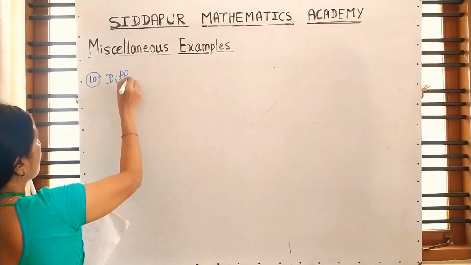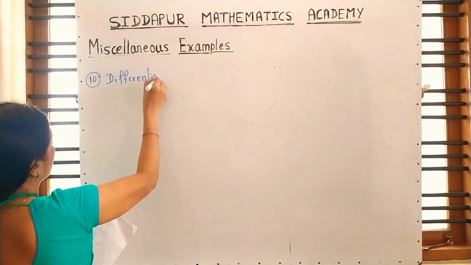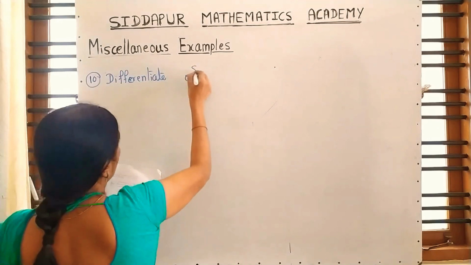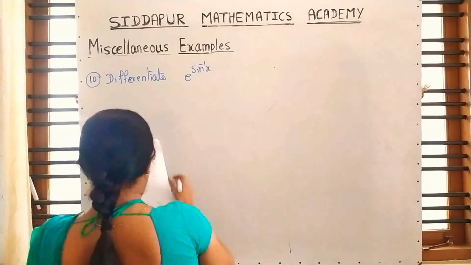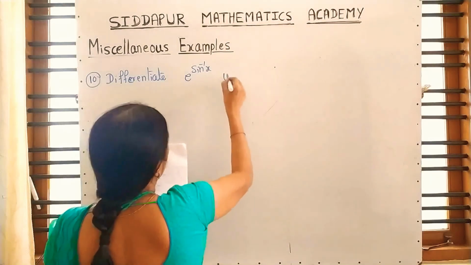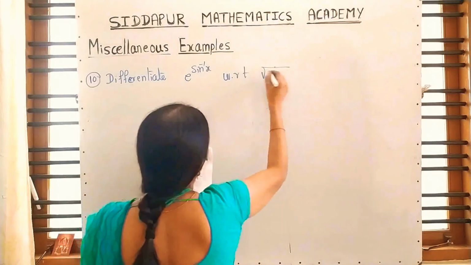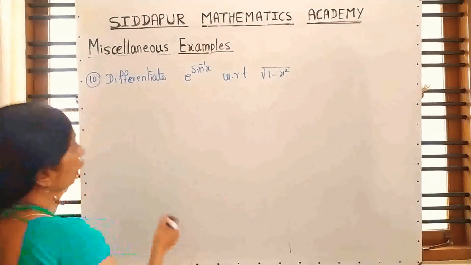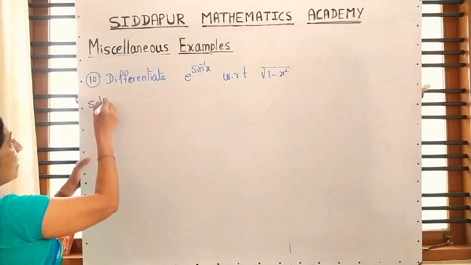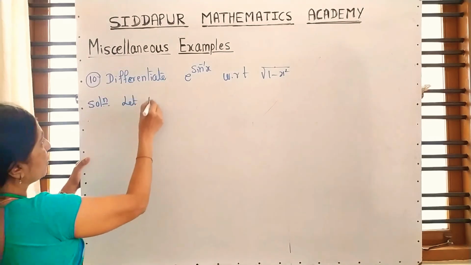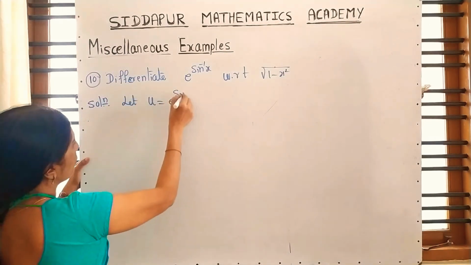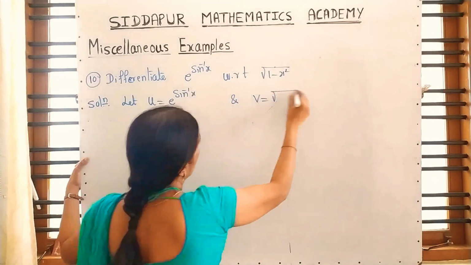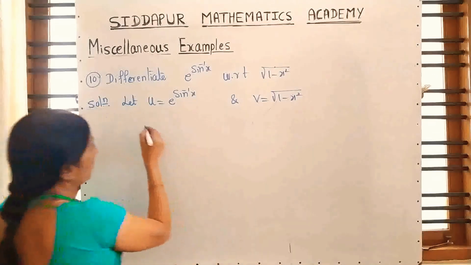Differentiate e raised to sin inverse x with respect to root of 1 minus x square. It is also of the same category. Let u is equal to e raised to sin inverse x and v is equal to root of 1 minus x square.